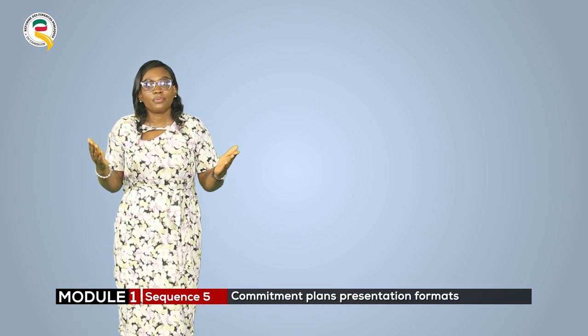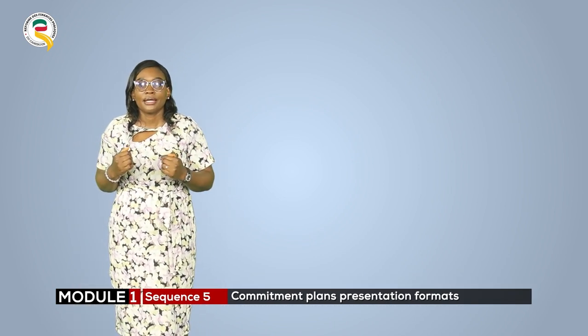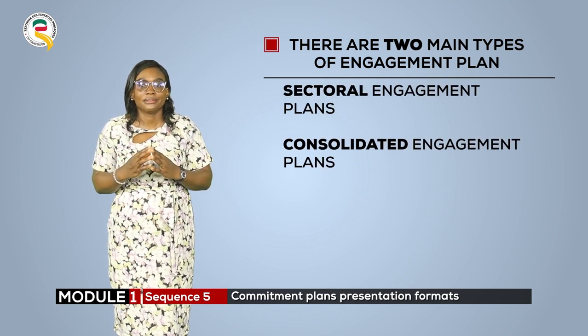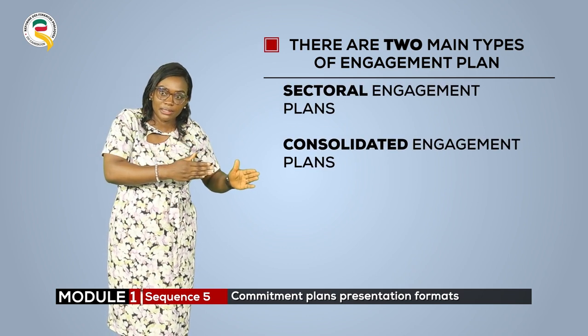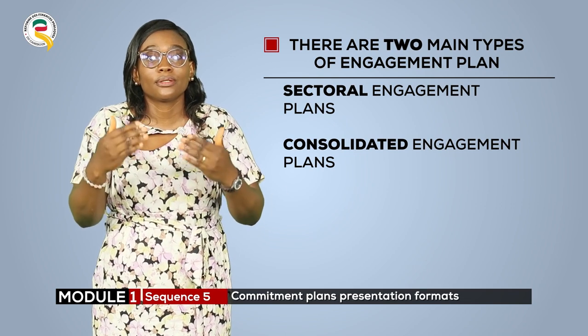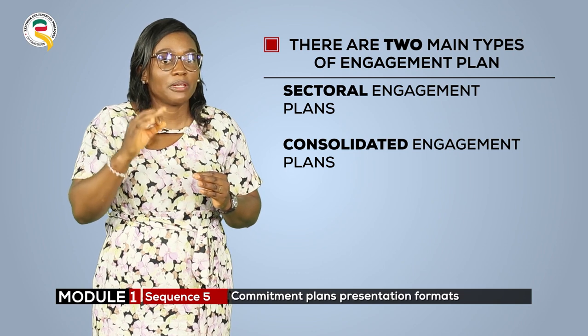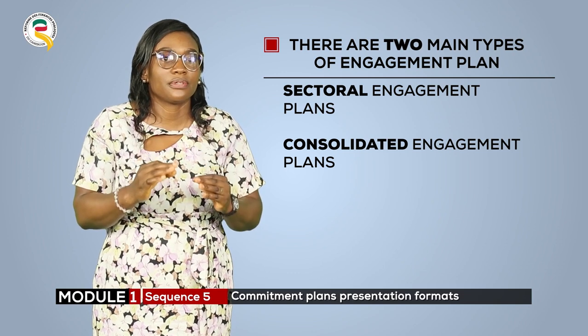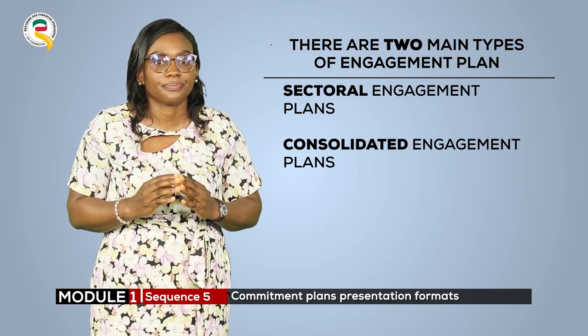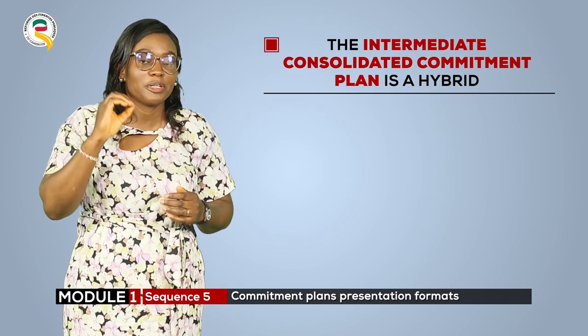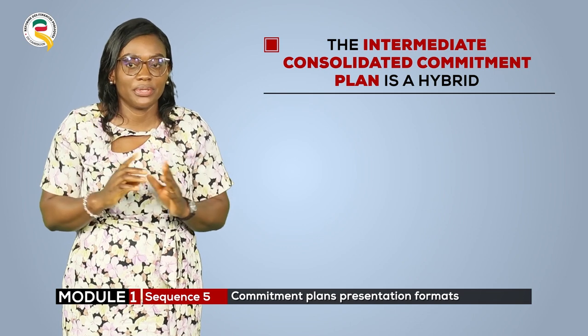We saw in a previous sequence that there are two main types of commitment plans: sectoral commitment plans and consolidated commitment plans. Each type of commitment plan follows a specific format. The intermediate consolidated commitment plan is a hybrid.